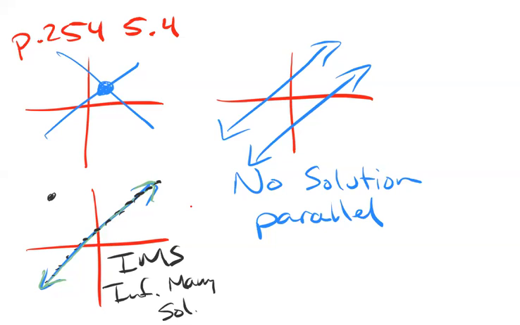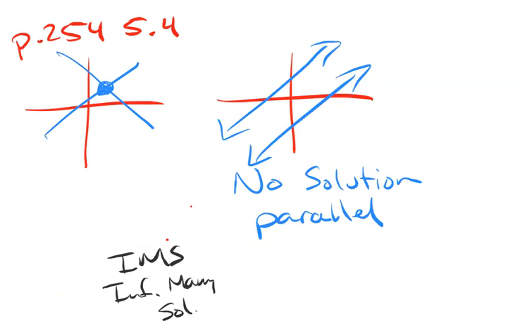One of the ways is by looking at just y equals mx plus b, just looking at the equations. So if I'm looking at y equals mx plus b, let's say that I have y equals 2x plus 1 and y equals 2x minus 5. Well, like Aiden said, we have the same slope, which means we know they're going to be parallel.